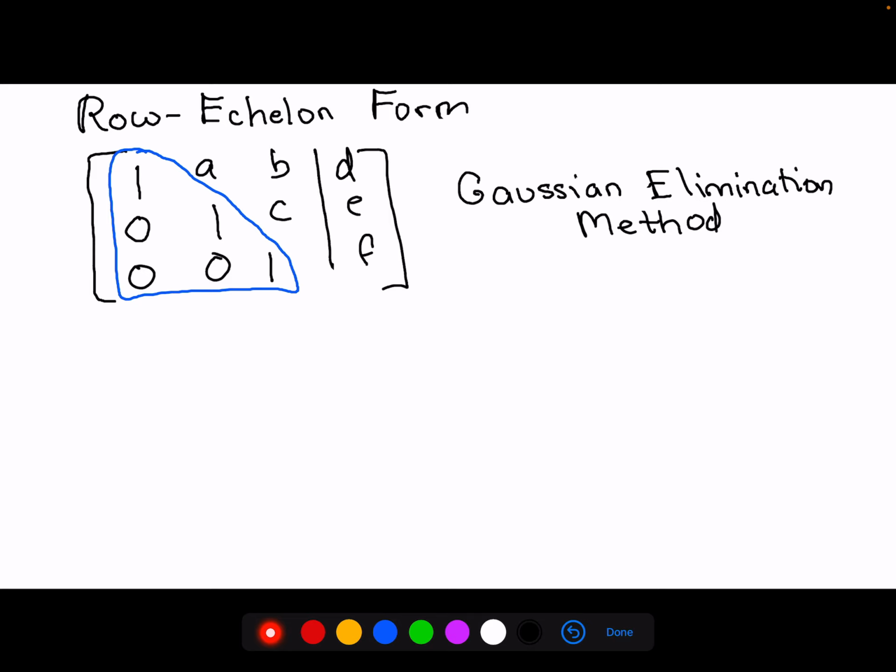But let's take a look at one more example. We're going to write our augmented matrix and then get that nice triangle with the ones and zeros and then work from there. Okay, so let's say we have x plus 2y plus z equals 5. 2x minus y plus z equals negative 5.